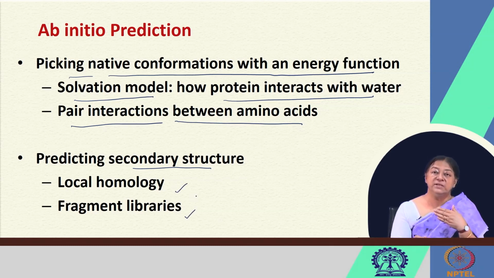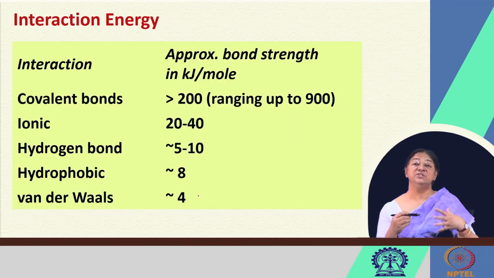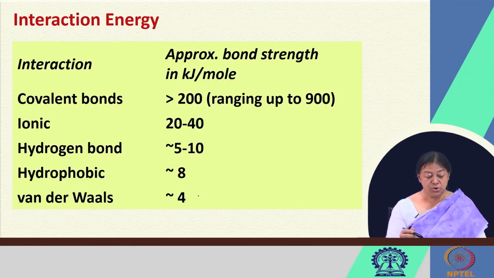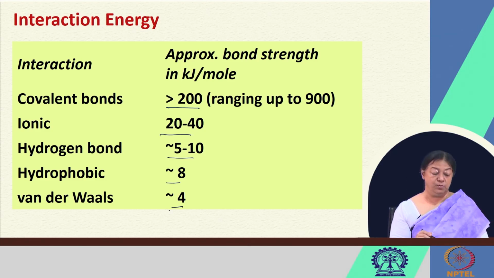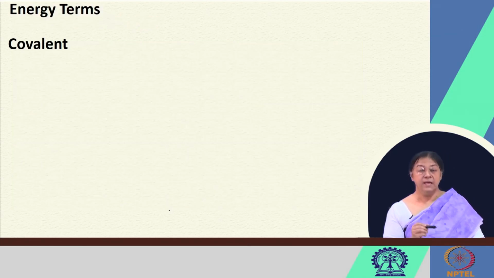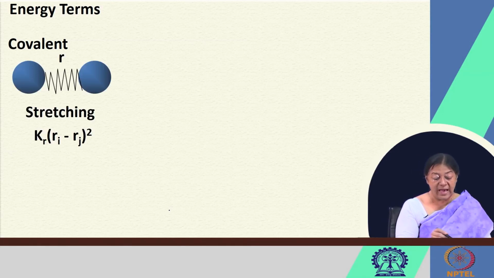But if we want to look at these ideas, we need to have some information about the interaction energy that we see. So, the covalent bonds are very strong, then we have the ionic, the hydrogen bond, the hydrophobic and the van der Waals interactions. What are the contributions of the energy? We have covalent bonds. What are these covalent interactions? We have the stretching.